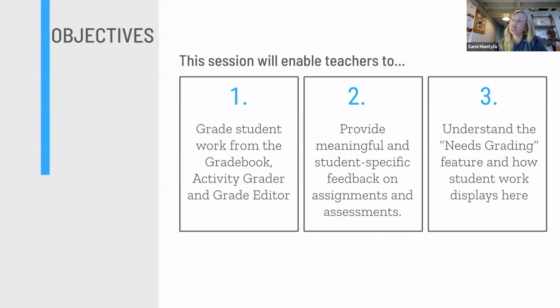So today's objectives are really threefold. The first one is we're going to talk through how to grade student work from the gradebook, the activity grader, and the grade editor. All 3 of those sound like they're the same thing. Lindsay's going to dive into what the difference is between all 3 of those areas, as Buzz really does have 3 separate areas and places that you can grade work.